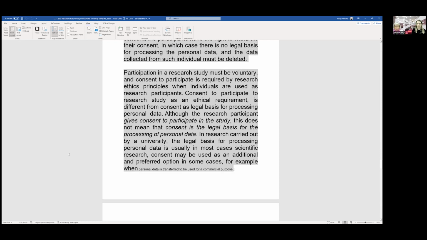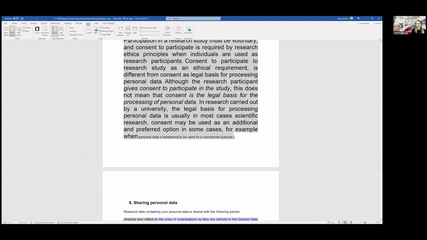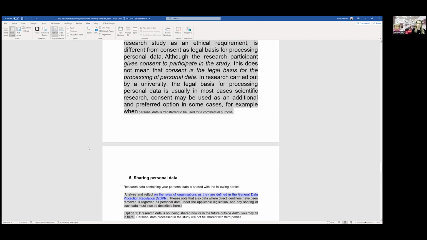We have tried to explain it here, but this is one of the more difficult parts, the combination of the legal aspects and the ethical aspects, where the ethical aspects are usually wider than what's legally required.